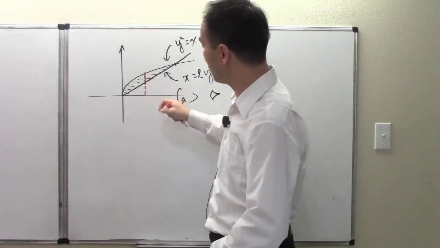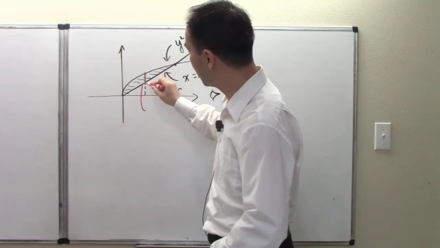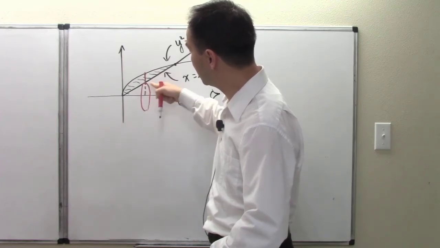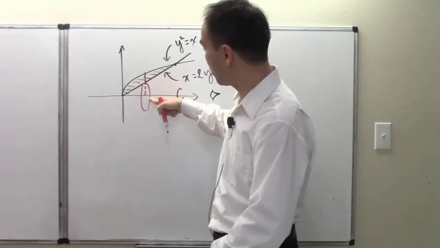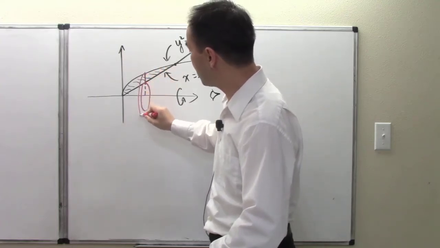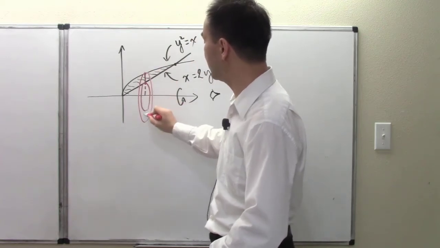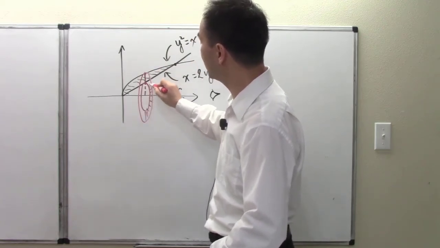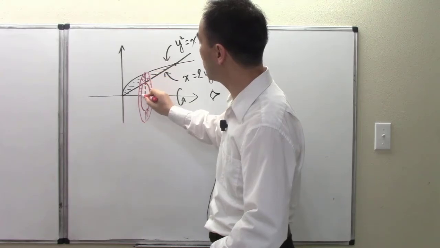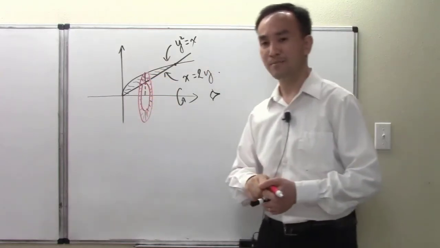That's why once rotated, we're going to have an inner circle due to the point that's closer to the rotation axis, and then we have an outer circle. Together what we have here is a washer. So in front of us here is a washer, and that's why we're calling this the washer method right here.